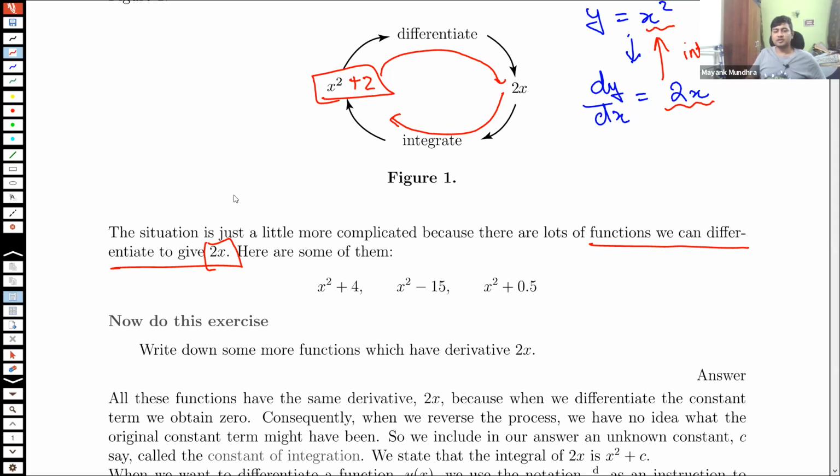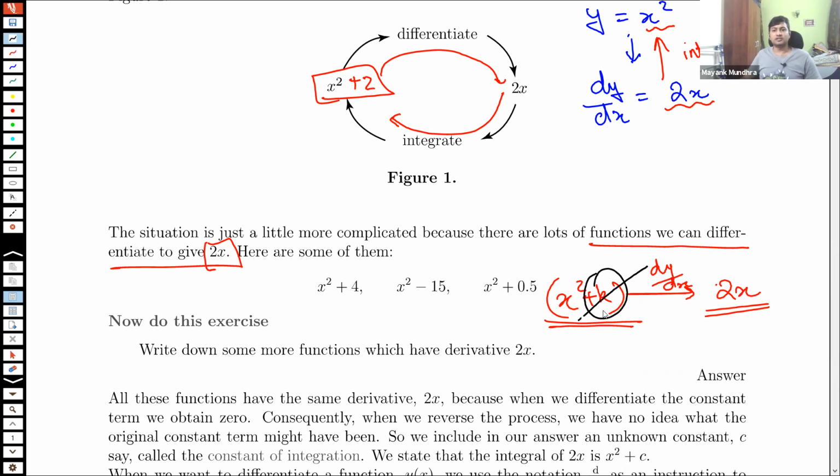So all the functions of the format x square plus k, when differentiated, will give me 2x. Differentiating any function of the format x square plus k is going to give me 2x, simply because the constant gets cancelled when I differentiate. So when I integrate back, there is no way to get back this constant.